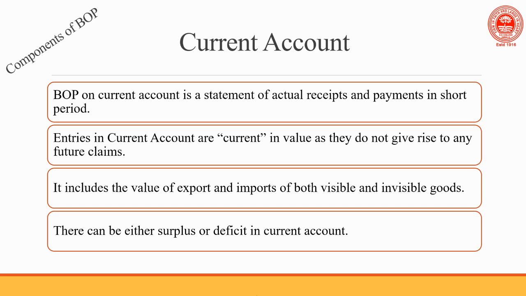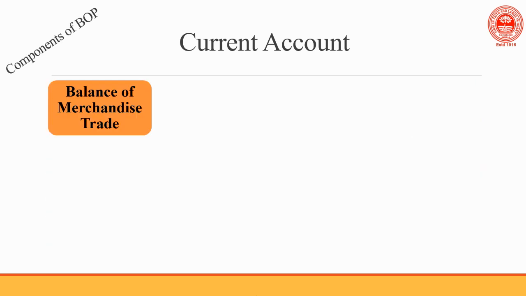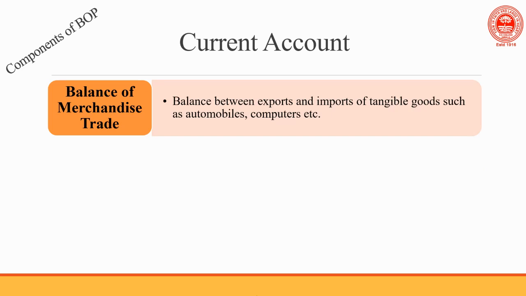Now, current account includes first, balance of merchandise trade, which is also referred to as BOT, that is balance of trade. This is basically the balance between exports and imports of tangible goods such as automobiles, computers, etc. This balance of merchandise trade or balance of trade is the single largest component of total international payments for most of the countries.